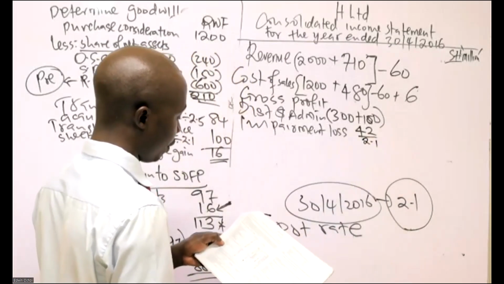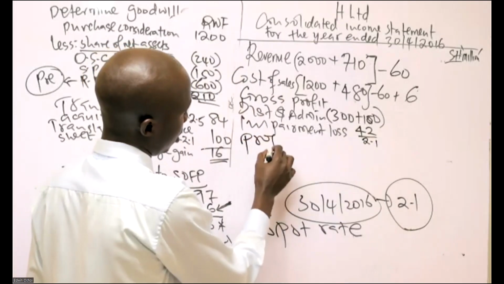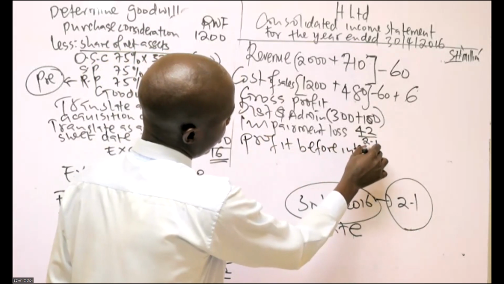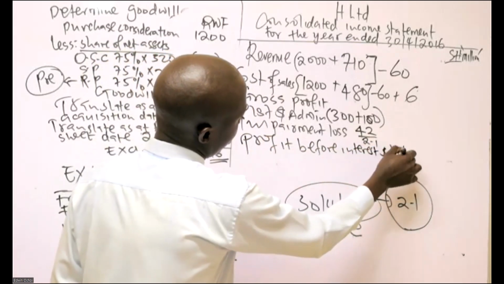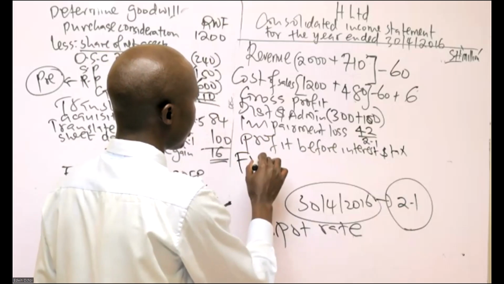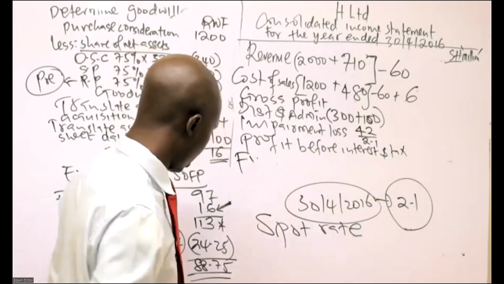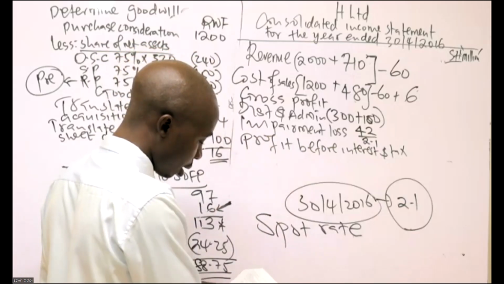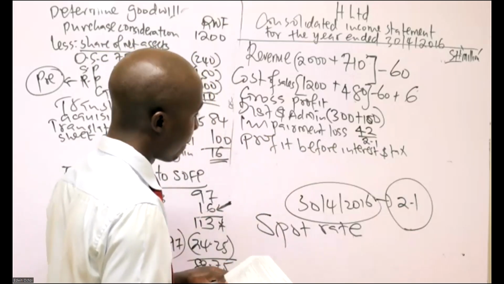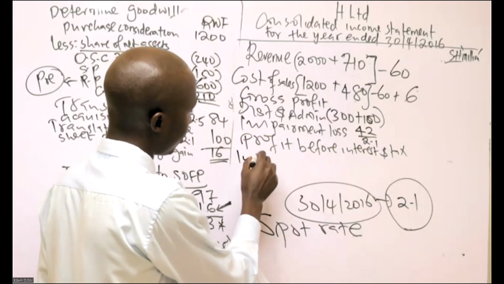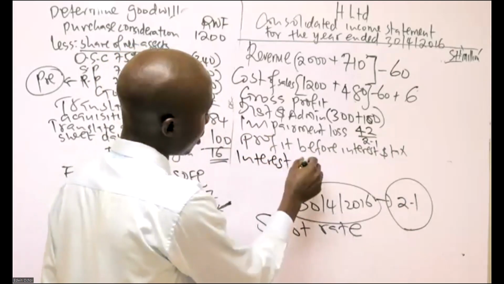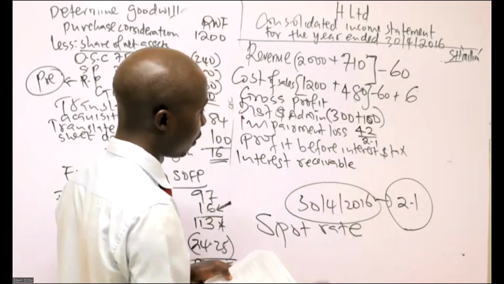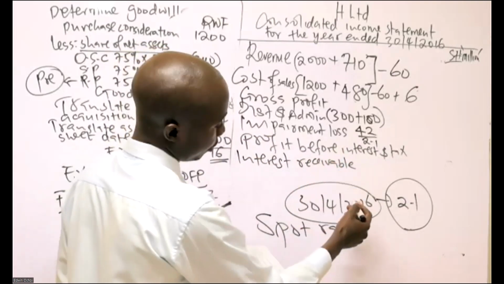So we have the profit before interest and tax. So interest, finance costs. Here they talked about interest receivable and payable, meaning that the receivable is 40, and the translated payable is 20 divided by 2, which is 10.